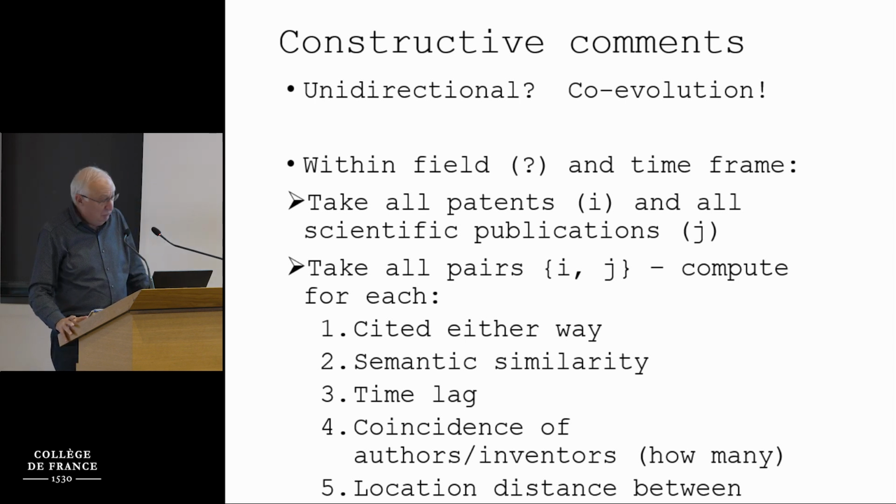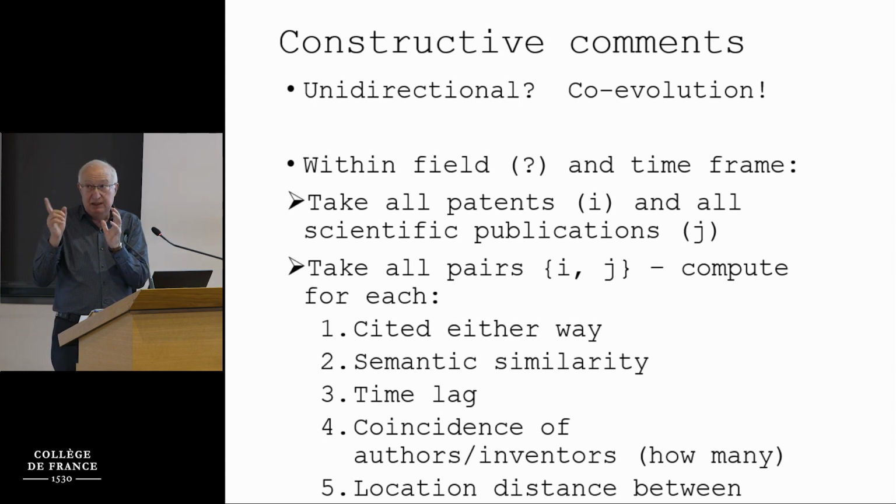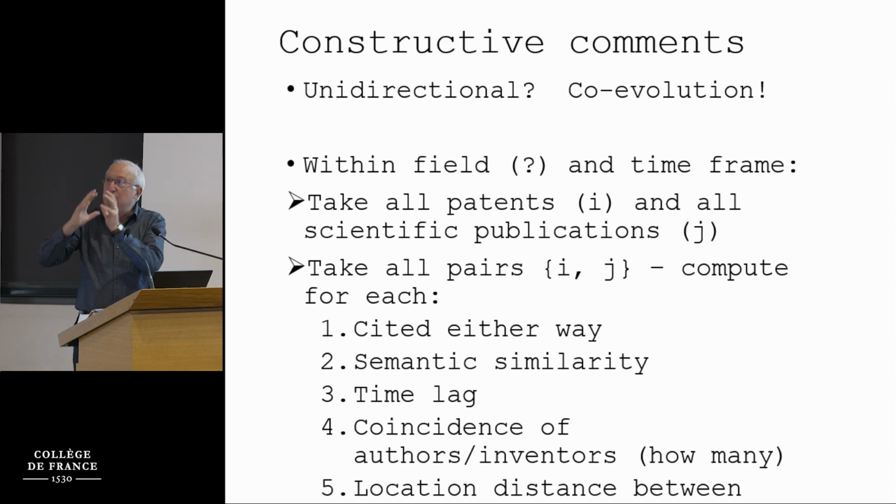Now, what I'm going to suggest to you is the following. Okay, so you have done it. So take a field, say CRISPR. Okay, how you define it is tricky. But we talked this morning about the technological trajectories, about patent fields and so forth. It's an issue, but suppose we have a good way to define it, okay? Take a time frame.